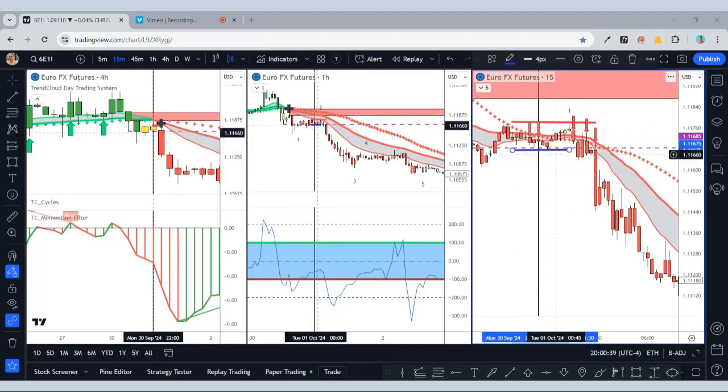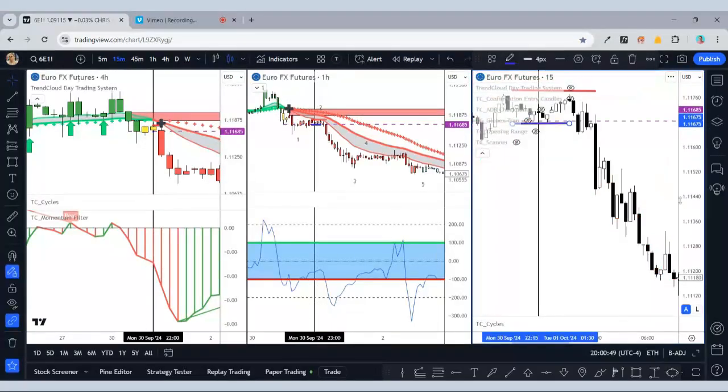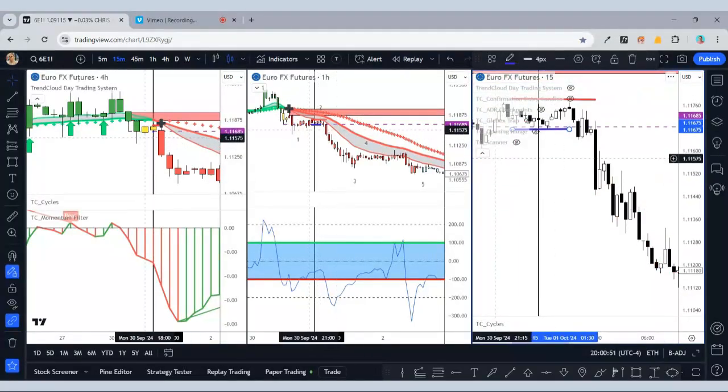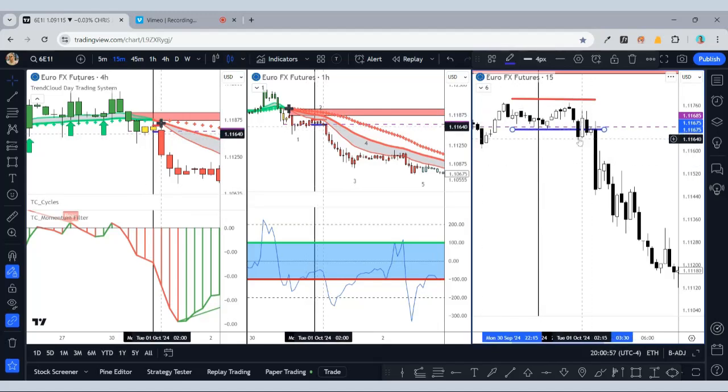Okay, so if this is your entry and this is your stop loss, let's remove TrendCloud for a second so you can see what we're looking at here. Do you see how the candle that closes below your entry, it closes below, but it's really not breaking any structure here to the left?